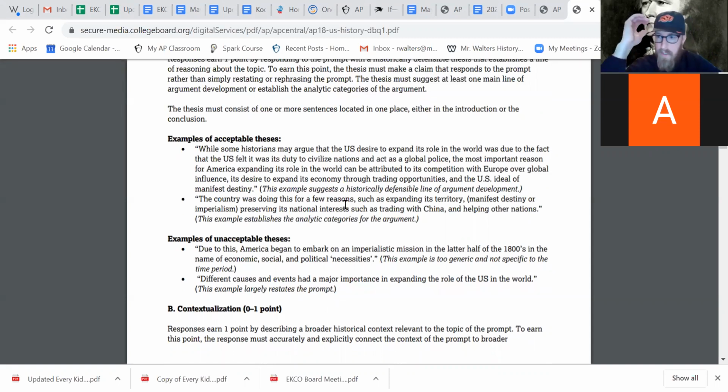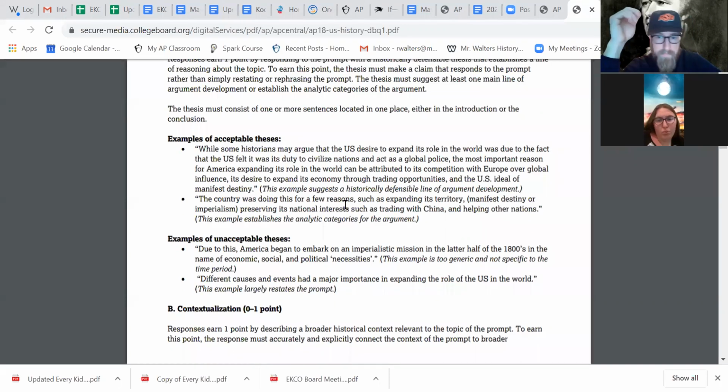But let me show you two bad examples. Here's an example that they said would not have gotten the point. Due to this, America began to embark on an imperialistic mission in the later half of the 1800s in the name of social, economic, and political necessities. Now, they gave categories, but they did not show a line of argument development.